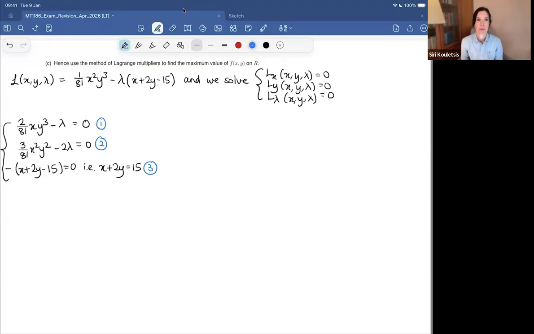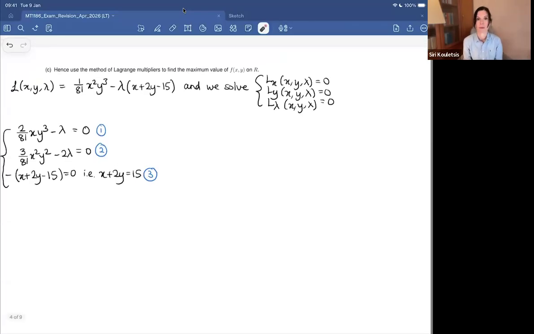And what do we want to do now? Well, now we want to eliminate lambda from equations 1 and 2 so that we get a relationship between x and y that we can substitute into equation 3. Then equation 3 will become an equation in only one variable so that we get a solution for either x or y depending on how we do it.